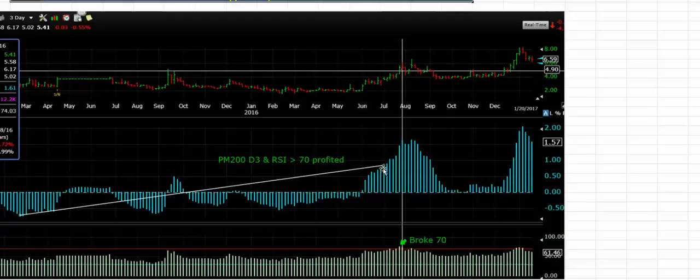Now what I'm testing is, at that point, moving forward on the graph, bar to bar to bar to the right, I look down on the RSI bars until it exceeds 70. It goes higher than 70.